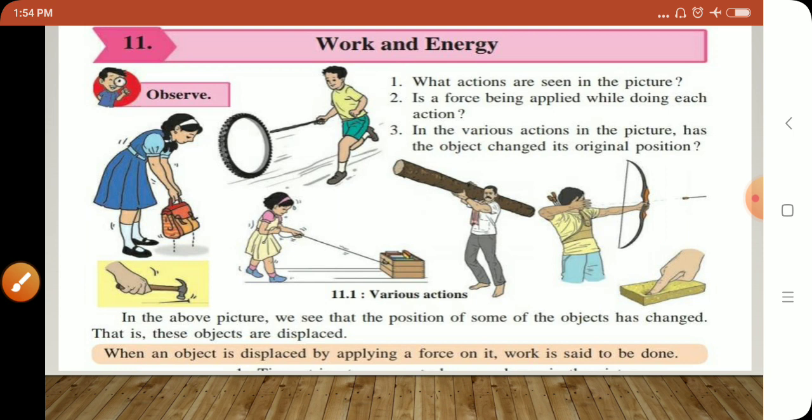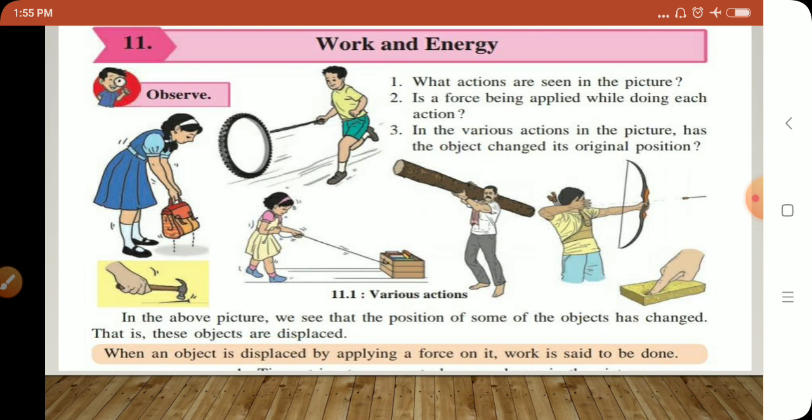In the above picture, we see that the position of some objects has changed. That is, the objects are displaced, that is, moved. Displacement we have already learnt in the 8th lesson, right? 8th, 9th lesson. When an object is displaced by applying a force on it, work is said to be done.